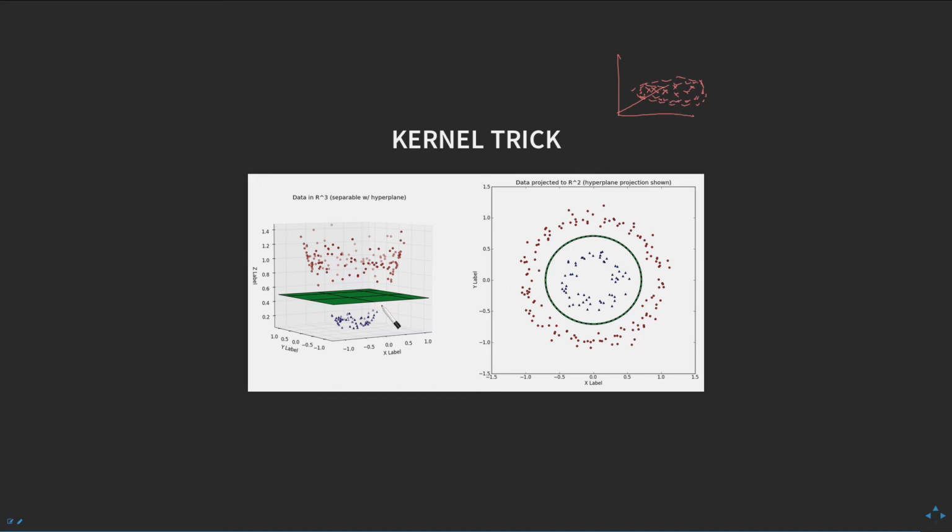But if we transform them in a way that we fit this sort of polynomial shape to it, we offset the sides to be higher in a certain dimension, and these ones to be lower, right? And once we apply this transformation with this kernel method or kernel trick, as you can see, now the problem is linearly separable. We can just fit this hyperplane decision boundary here, and we're done.